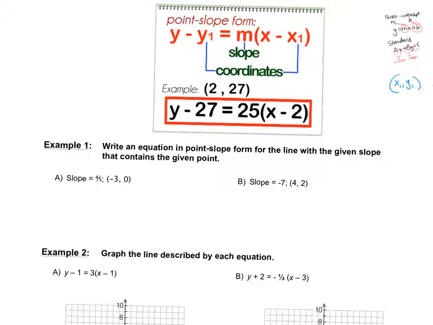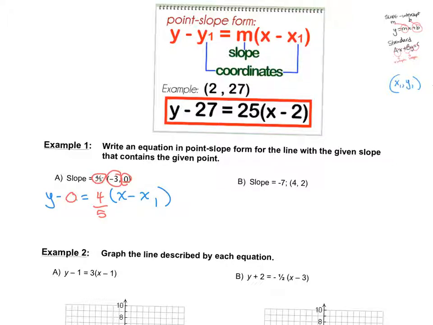For example, write an equation in point slope form for the line with the given slope that contains the given point. So using that point slope form, we know the formula is y minus y1 is equal to m times x minus x1, where y1 is 0, so we can physically replace this with 0. The slope is 4/5, so we can replace that with 4/5.